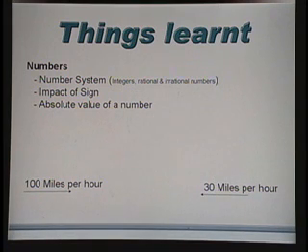Alright, we also saw absolute value of a number. The example which we took was, let's say we have two cars, one car moving at 100 miles per hour in one direction, from left to right, and a second car which is moving at 30 miles per hour in the other direction, from right to left.